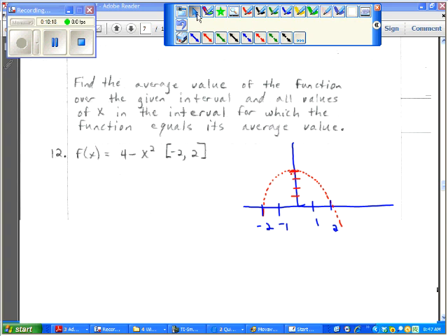And what we're thinking is that if we were to try to create a rectangle with this base and some height, there would be some height that we could put with that, that would create a rectangle whose area is exactly the same as the area under that curve. Okay?